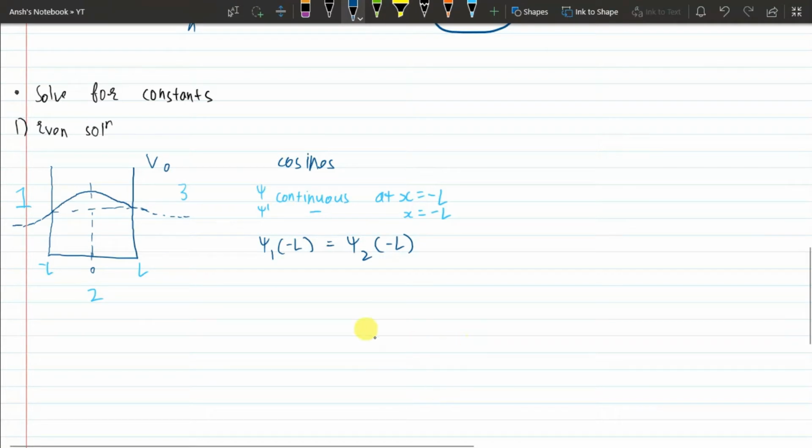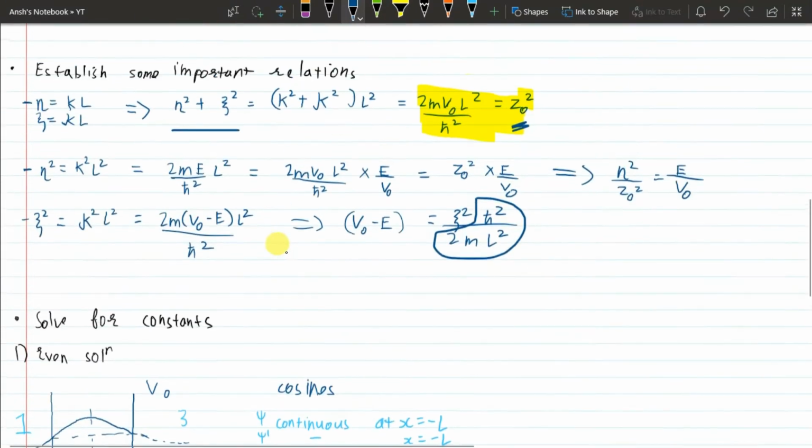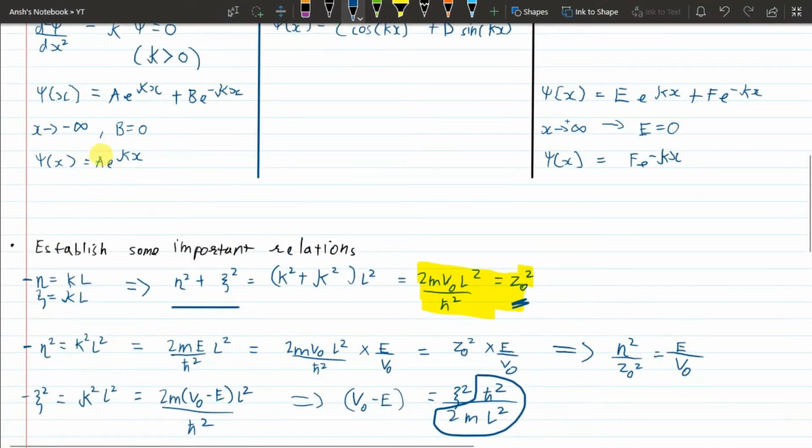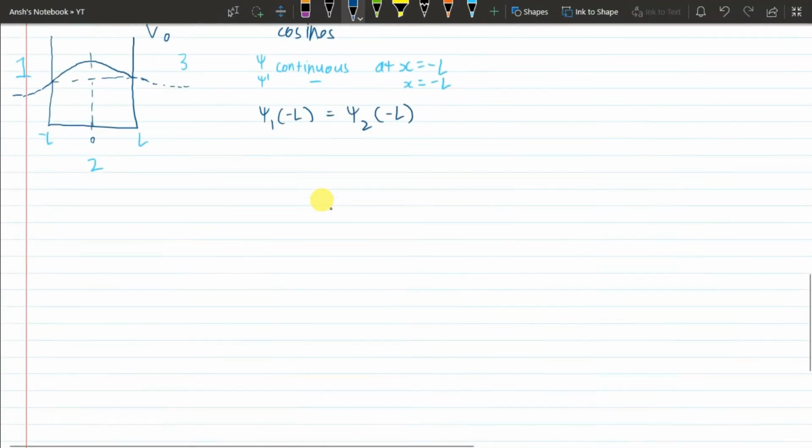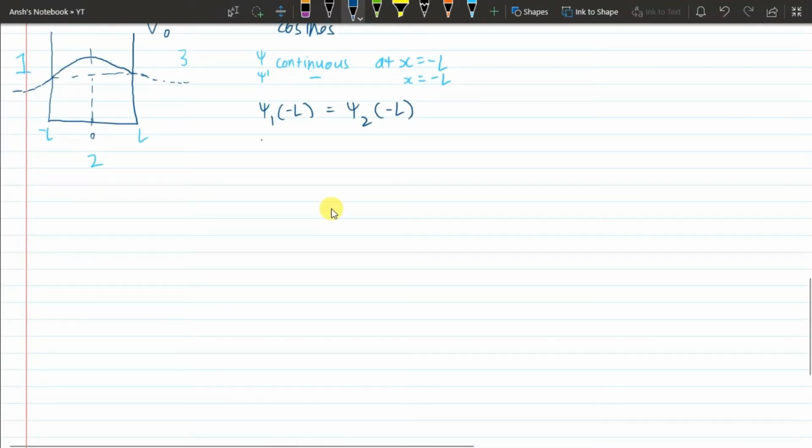So substituting for x equals minus L here, we have that a e raised to minus kappa L is equal to c cos kL.